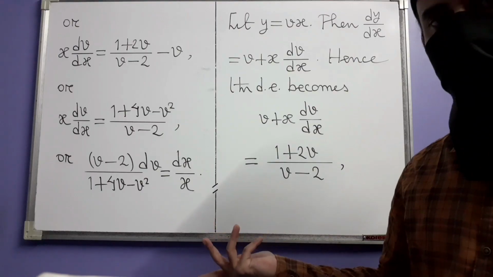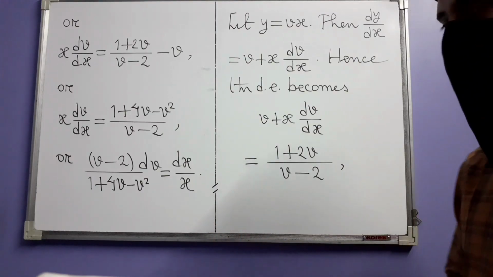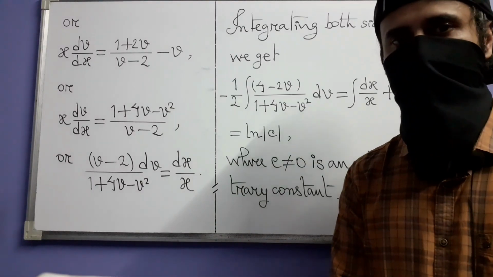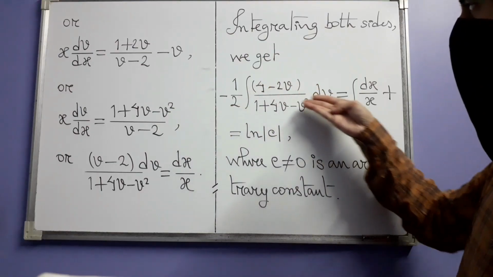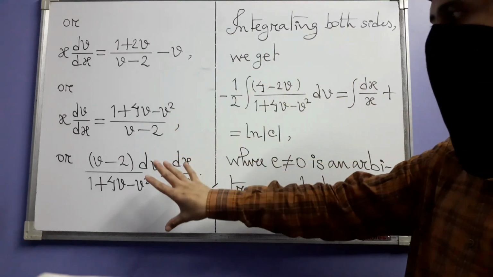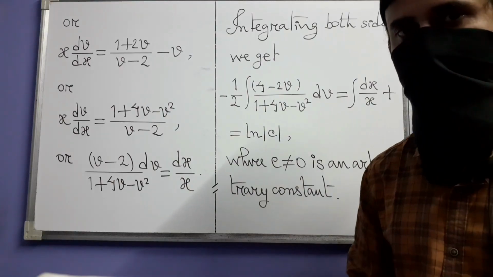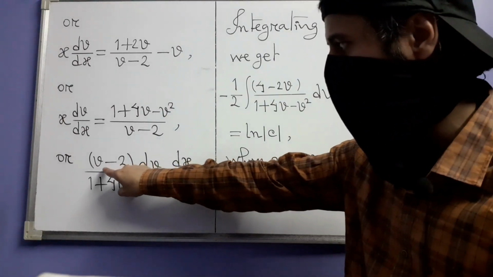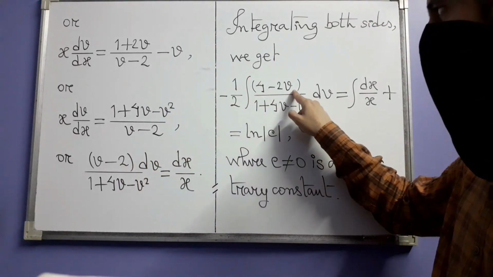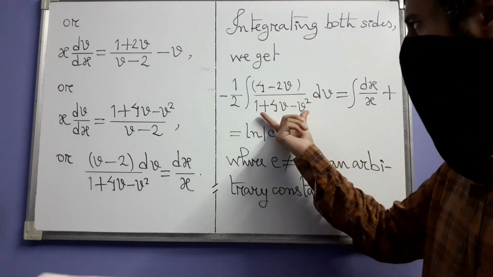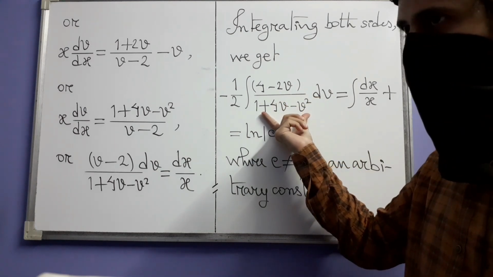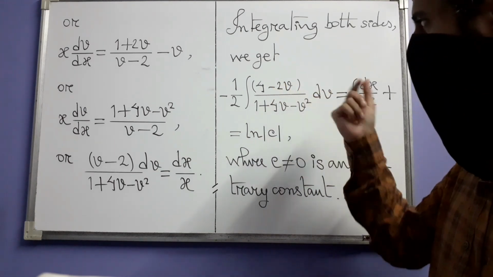So now we can do our usual integration. Integrating both sides, this is what we get. On the left hand side, we did a little trick. We multiplied and divided by minus 2, so that now in place of v minus 2, we have 4 minus 2v. We did this because the differential of the denominator is (4 minus 2v) dv.